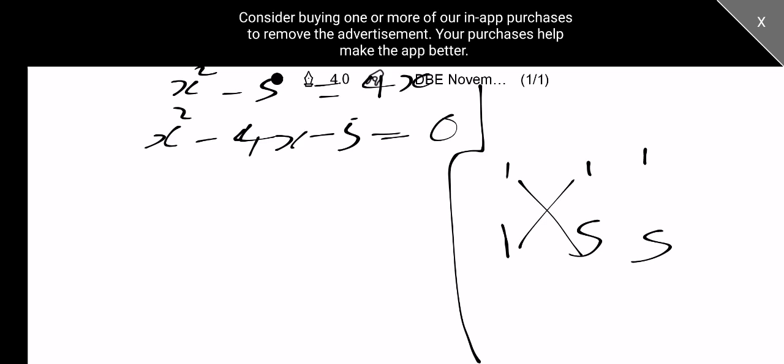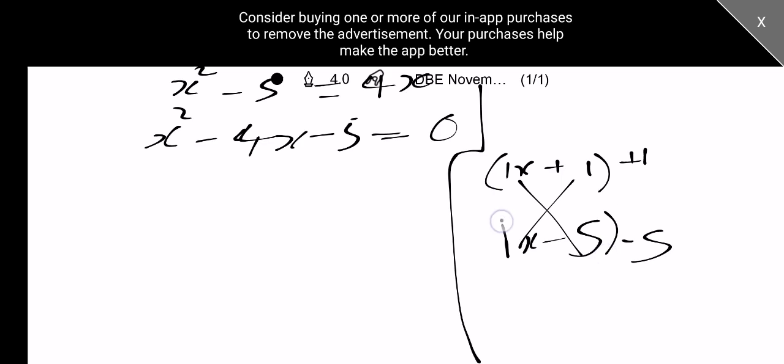How do you decide which? You look at the second term, negative 4x. It has a negative, so the big number carries the sign of the middle term, which is negative. The big number is 5, so it's negative 5, positive 1.